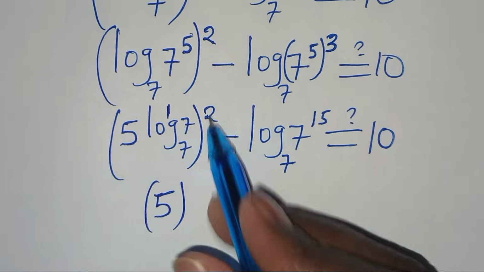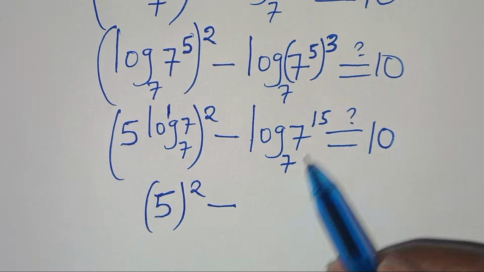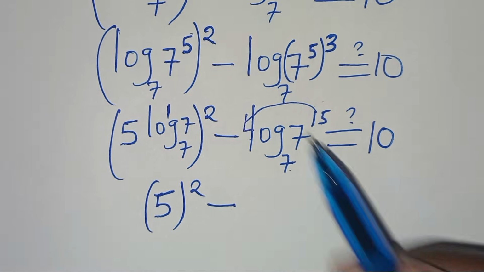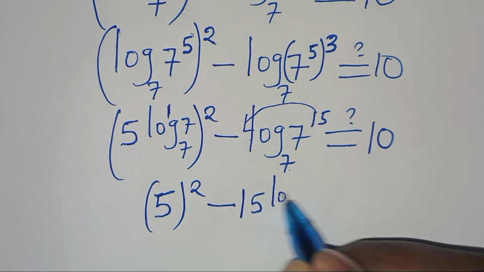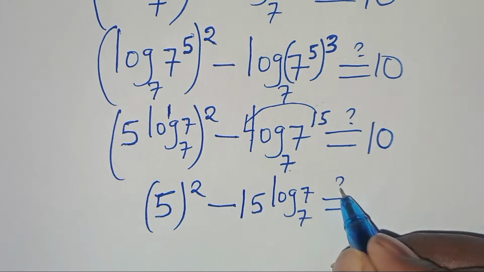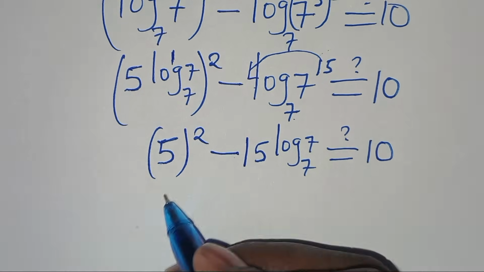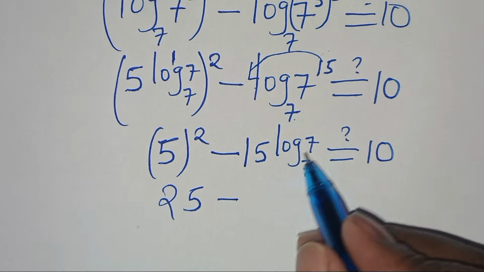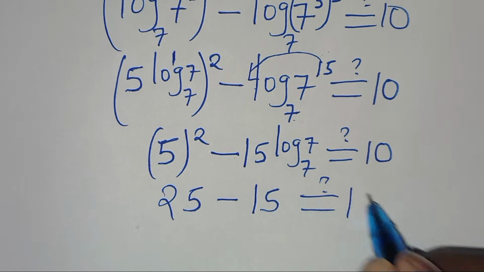This is raised to the power of 2. Then minus, now, log 7 to the power of 15 to base 7. 15 is a power here, so this can be expressed as 15 times log 7 to base 7. So 5 squared, this is 25, minus 15 times 1, which is 15.